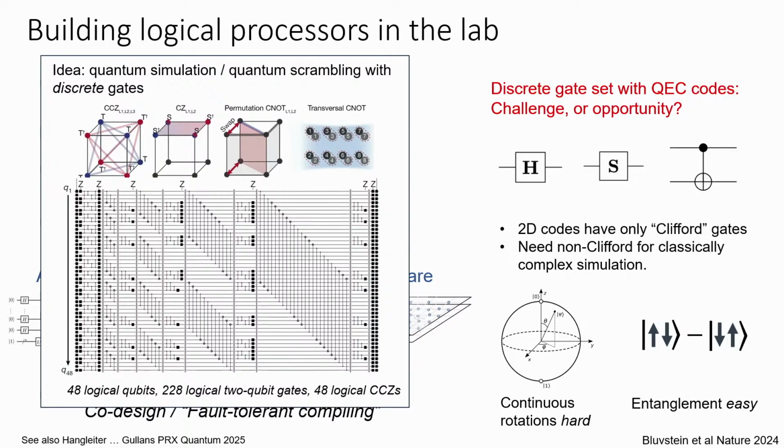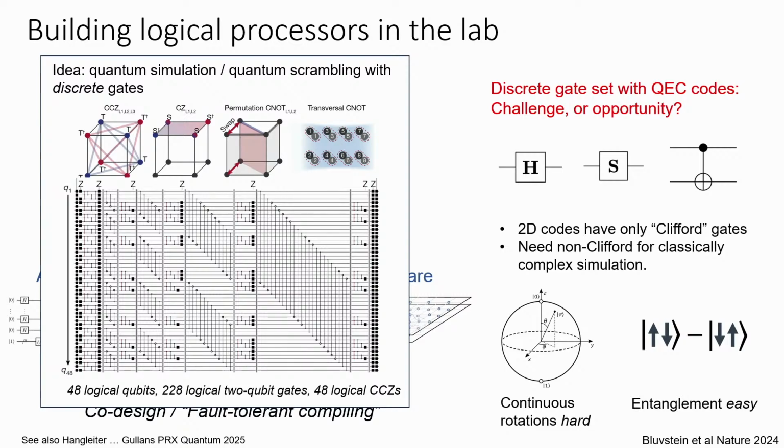Here, what we studied was doing quantum simulation or quantum scrambling by using discrete gates, where we used small 3D codes. And with these small 3D codes, we did several hundred logical operations, including up to 48 logical CCZs that were encoded efficiently within this 3D block. And it's not doing an arbitrary quantum simulation here.